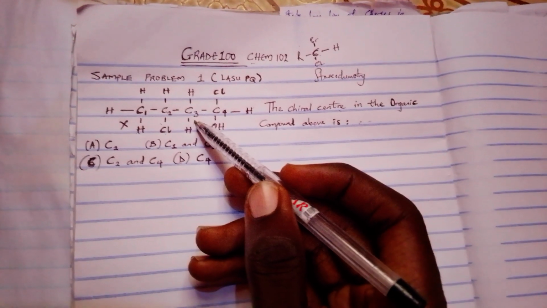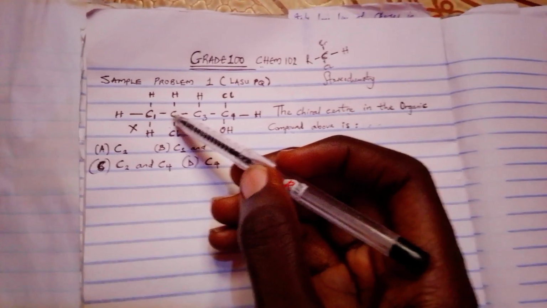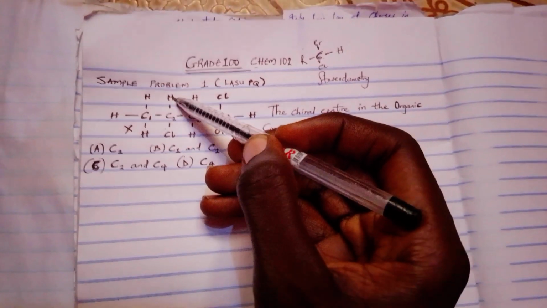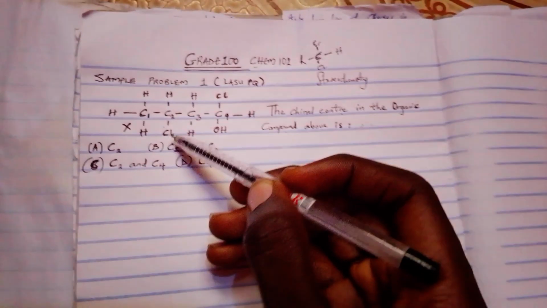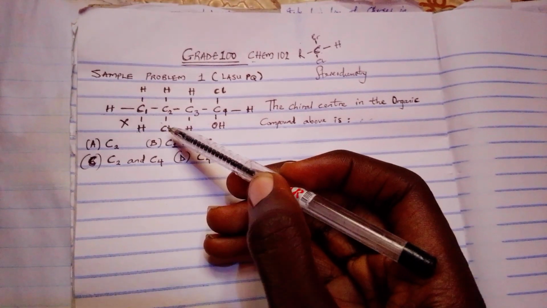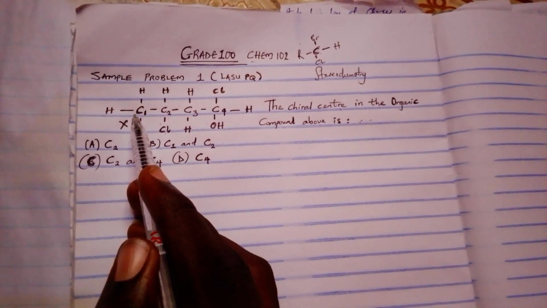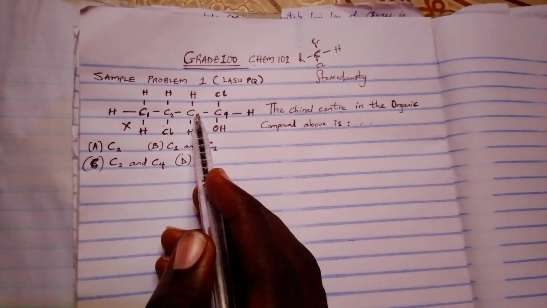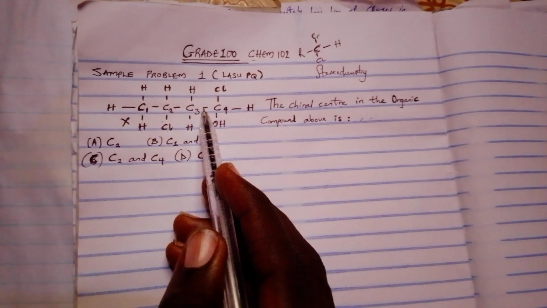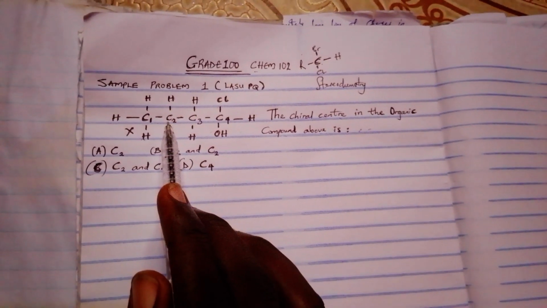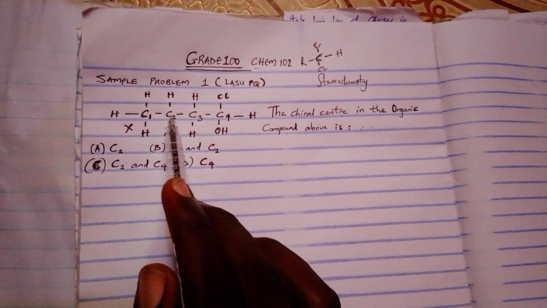Let's look critically at carbon 2. It is attached to hydrogen here, that's one group. It is attached to chlorine here, that's another different group. It is also attached to C1, and this C1 is different from the C3 that it is attached to on the other side. So this is a chiral center because carbon 2 is attached to carbon 1 and carbon 3, which are 2 different groups.